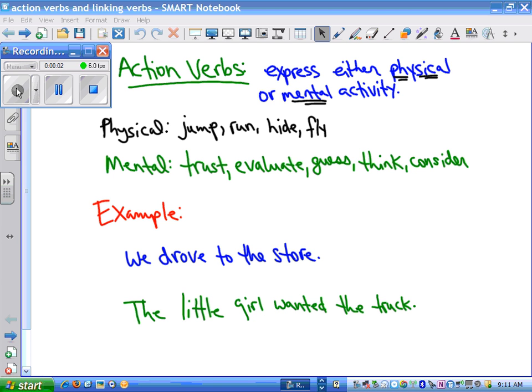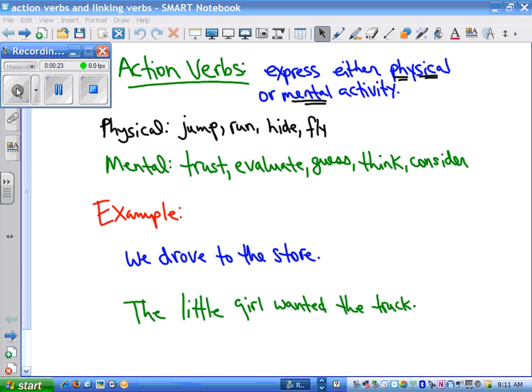Today we're going to start thinking about verbs, and we're going to start thinking about verbs with two verb types, action verbs and linking verbs. Action verbs express either physical or mental activity.